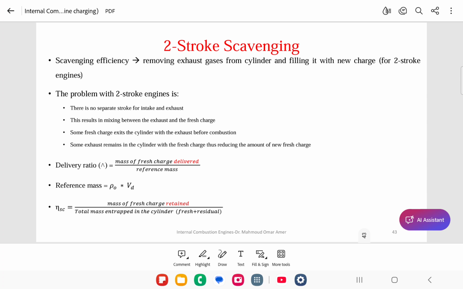So for the two-stroke, we define a delivery ratio term and the scavenging efficiency term. Look at the differences between them. Delivery ratio is the mass of fresh charge delivered divided by the reference mass. And the scavenging efficiency is the mass of fresh charge retained divided by the total mass trapped in the cylinder.